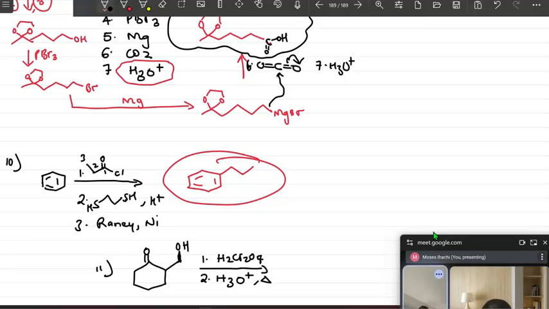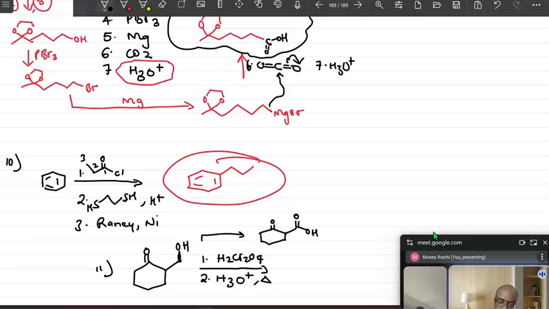I did the first part. I don't know why I'm tripped up with the H3O+ and heat. Does it just get rid of the carboxylic acid? Mm-hmm. Yeah, this is acetic ester synthesis, decarboxylation. Okay, wait, I think I did it, because that OH goes to a carboxylic acid, and then the H3O+ just gets rid of it.